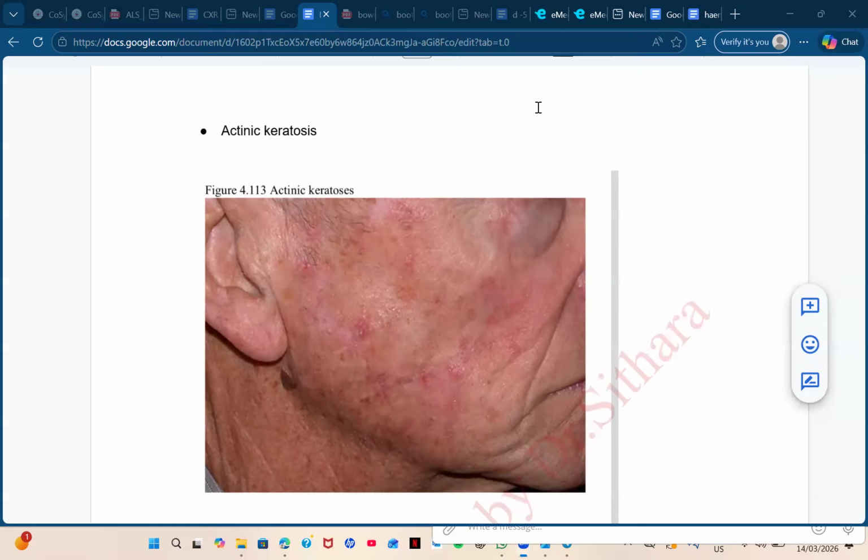Doctors, are you there? They are not cancerous, right?